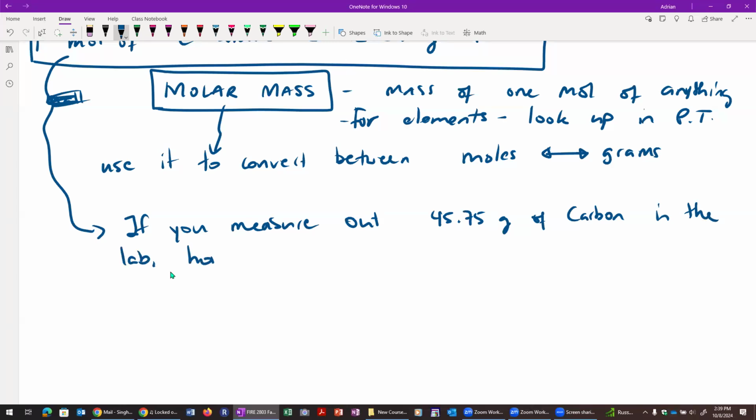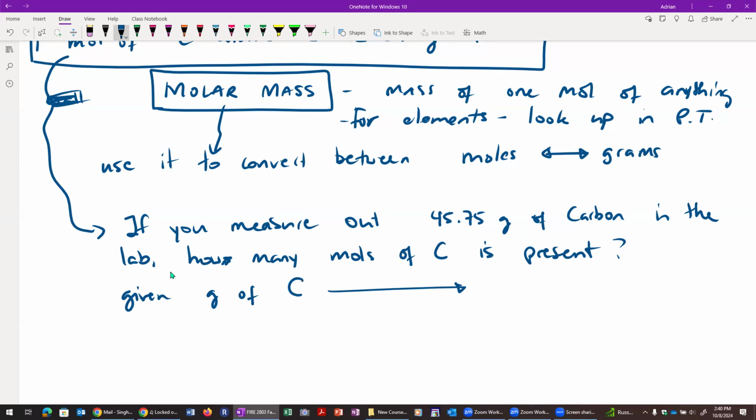How many moles of carbon are present in that sample? So now what we're given here is grams, or mass of C. We want to convert that into moles of C. So we're going from grams of something to moles of that thing.